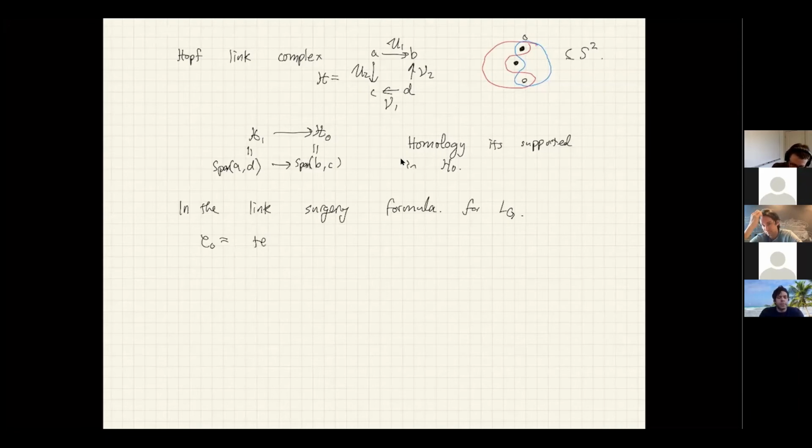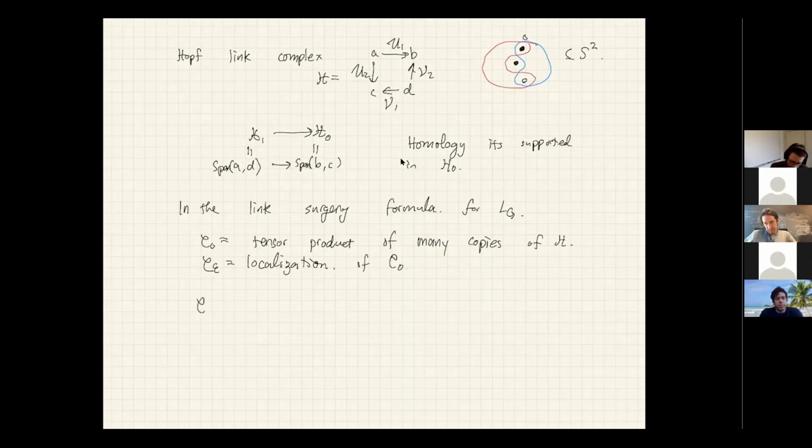It's a tensor product of copies of H, this Hopf link complex. And so each C epsilon is a localization of C0.